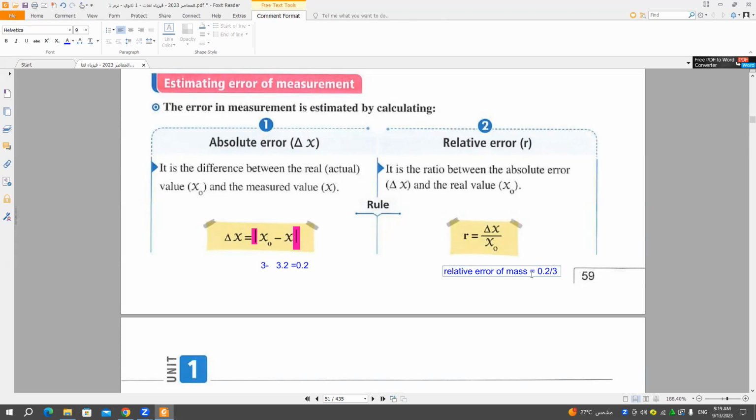This is the relative error, and it has no unit because it is the ratio between two physical quantities that have the same dimensions.